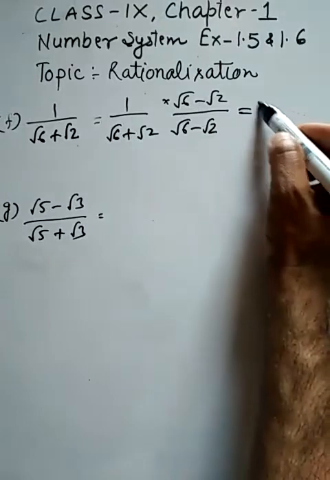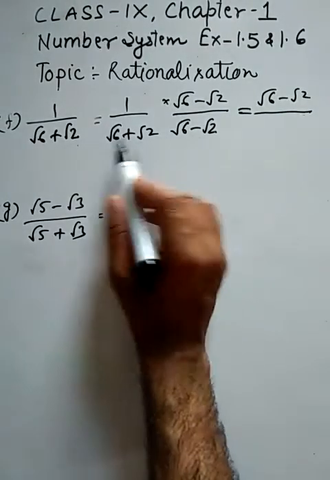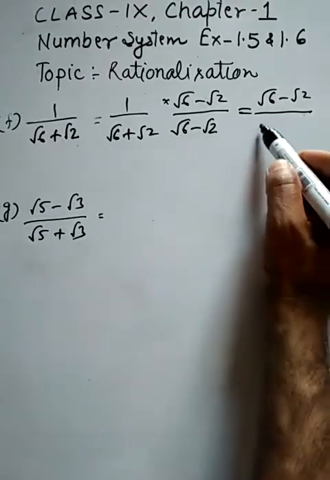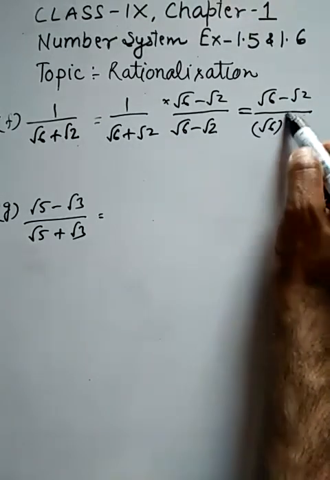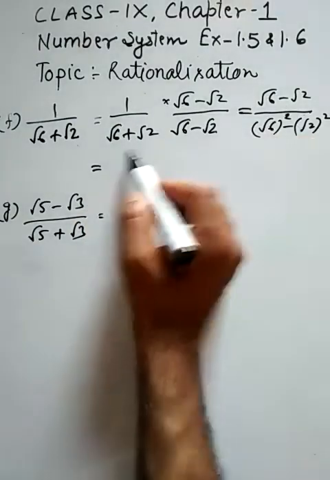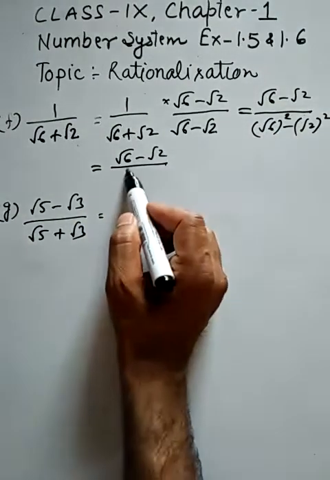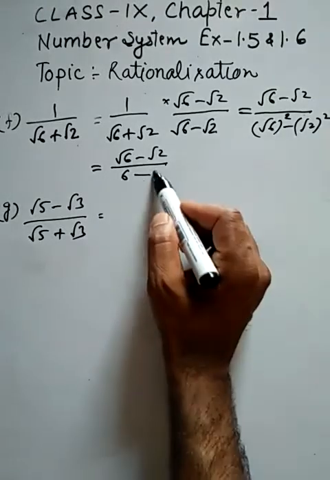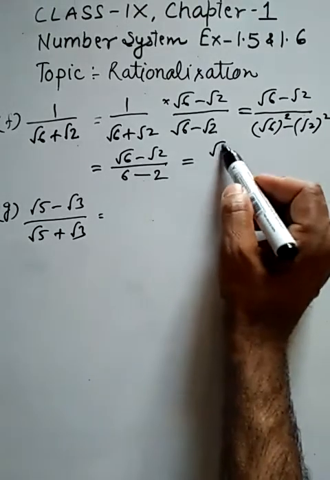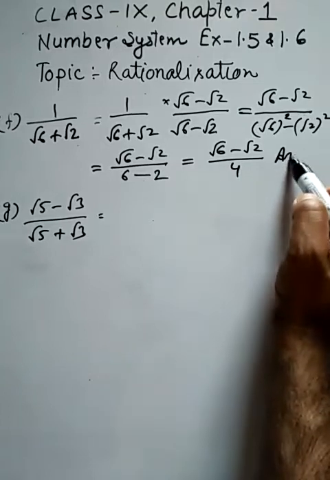This becomes the identity a plus b, a minus b, meaning a square minus b square. Root 6 square is 6, root 2 square is 2. So it becomes root 6 minus root 2 upon 4.